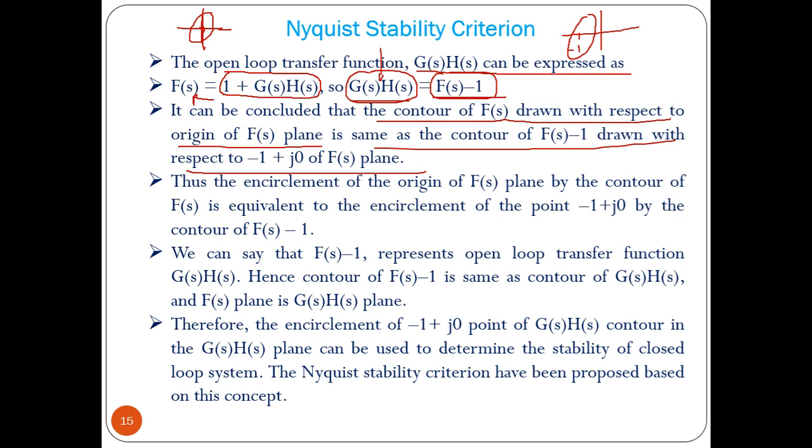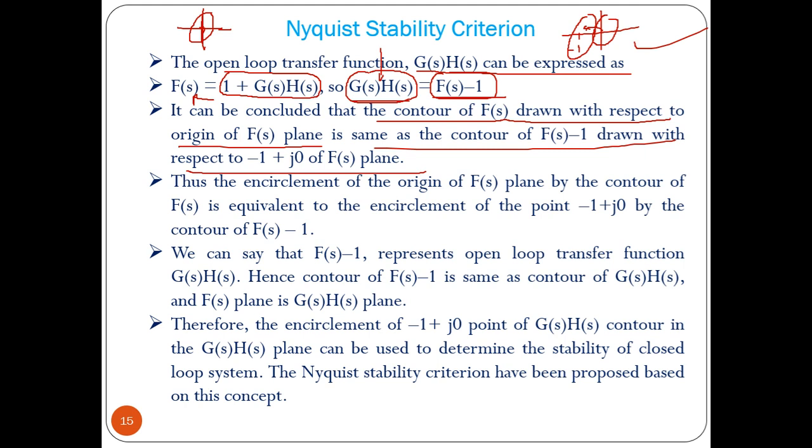That is the logic we are getting. This is 1 plus G(s)H(s) plotted in F(s); if we plot G(s)H(s), that will be F(s) minus 1. So that contour should shift from 0 to minus 1. That is the logic we are getting.